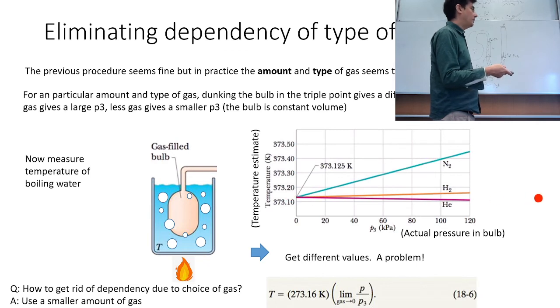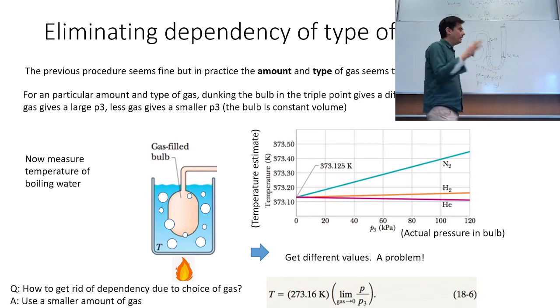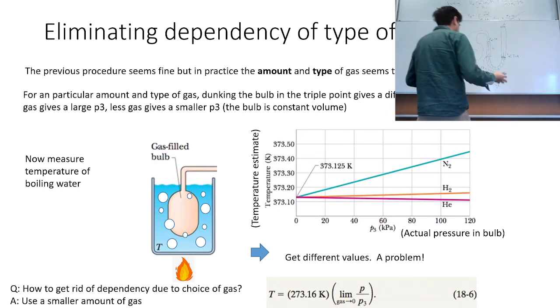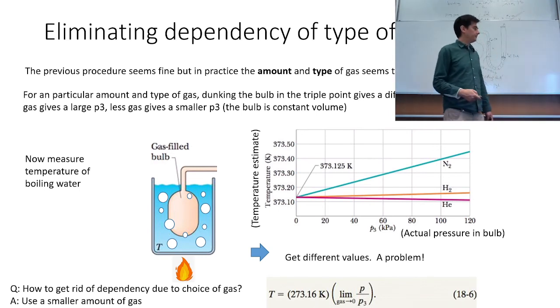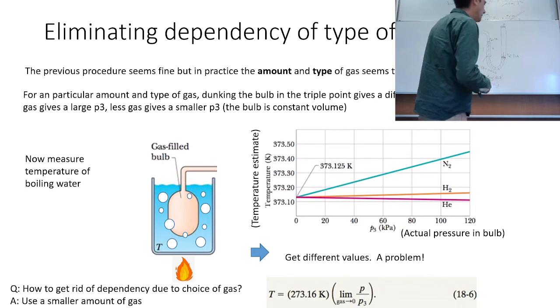When you extrapolate using increasingly smaller bulbs, you get your final estimate, and this way you can eliminate the issue with the size of the bulb and the type of gas. Then we can define our temperature like this: 273.16 divided by P3, where P3 is the value you get with the triple point calibration.